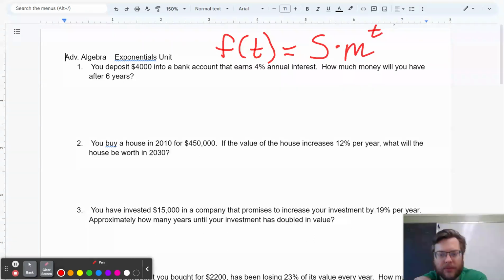So I know you've probably seen different letters used in the past, but it doesn't really matter what letters I use as long as I tell you what they mean. So I'm just using S for the starting amount, M for the multiplier, and T for the amount of time. Sometimes things can get tricky where it doesn't multiply every 1 unit of time.